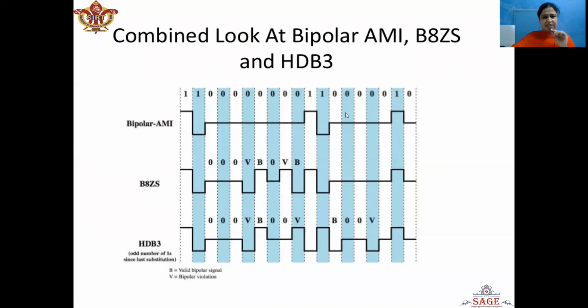So there will be a synchronization problem in case of consecutive zeros in bipolar AMI. Whereas, in case of B8ZS, because there are artificial signal changes called violations, the synchronization problem is solved. Similarly, in the HDB3 method, by using the substitution method, the synchronization problem that occurred in bipolar AMI is solved.